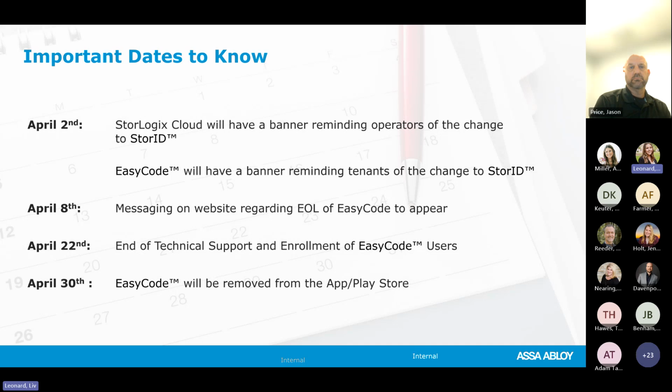In the future, on April 8th, there will be a reminder on ptisecurity.com about the removal of Easy Code. And April 22nd marks the day we have for end of technical support and suggested end of enrollment of Easy Code users. On April 30th, the Easy Code app will be removed from the app and Play stores. So it's in the operator's best interest to download StorID today to get familiar with it. And if you have further questions, we have additional support, which Logan will get into.